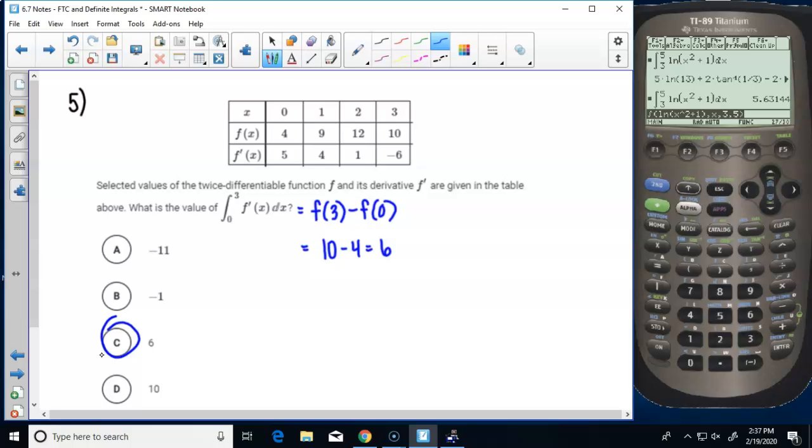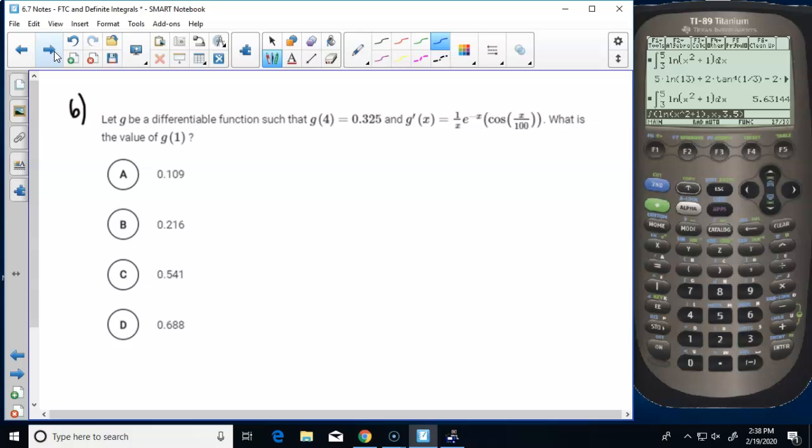Questions? F prime is just put on that table to distract you, really, because you don't use it at all for the problem. Alright, we've got one more we're going to do, and I'm going to have you guys do a few yourselves.